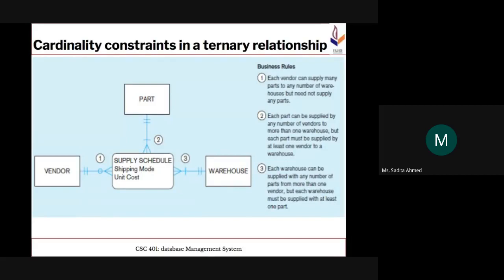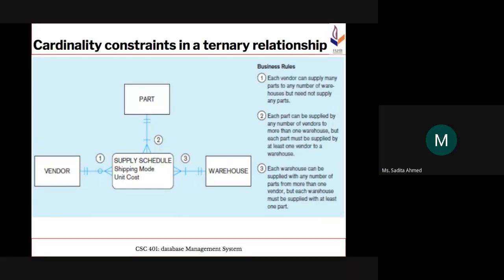If the supply schedule table does not have a primary key, how will you make a call towards a certain specific supply schedule instance? You want a specific row. How will you retrieve that row if you do not have a primary key? What will you use to retrieve the row? It must have a primary key.